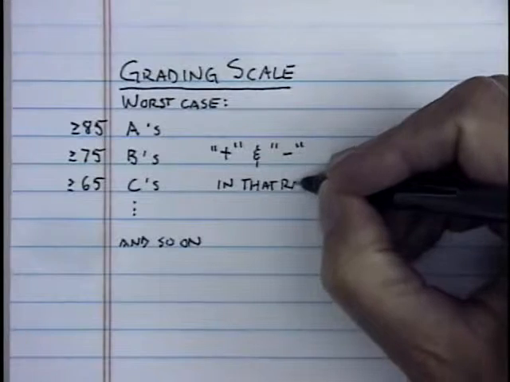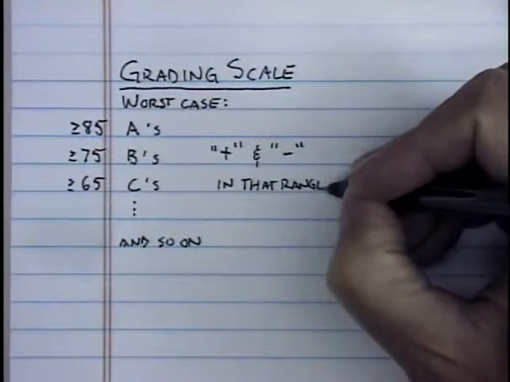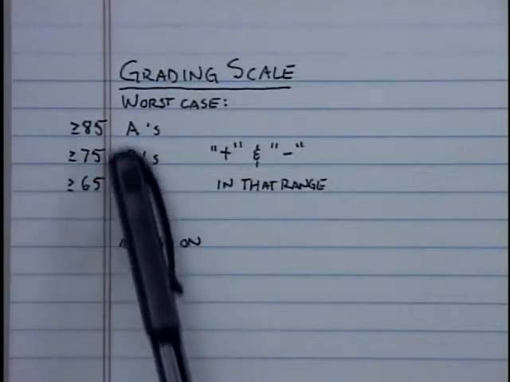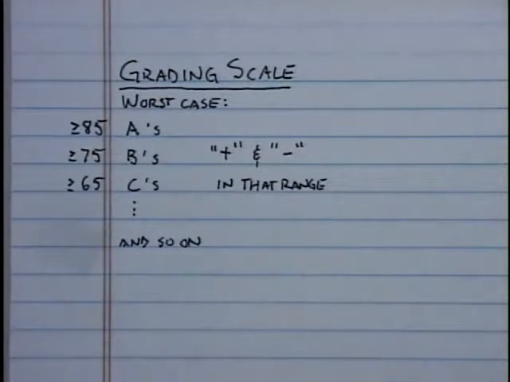Now, I'm not saying exactly how I'm going to do the pluses and minuses, but it's pretty straightforward. Let's take the range of B's. It's a 10-point range. In assigning B's, out of that 10-point range, what I typically do is the top 3 scores in that range would be the B pluses.